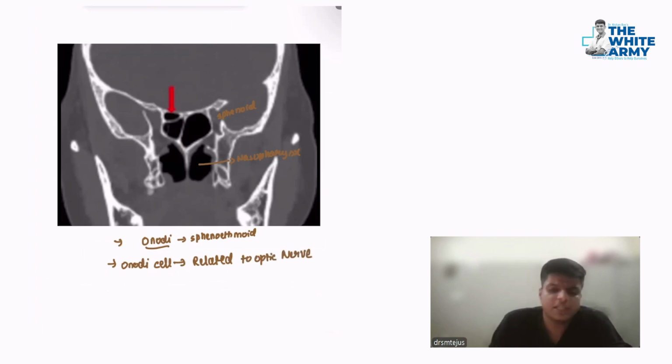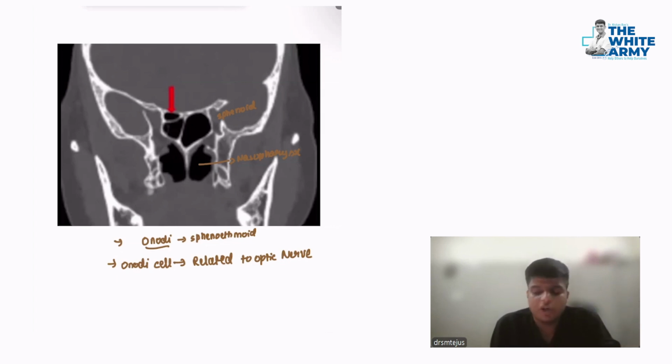The clinical significance is that when we operate on the optic nerve, for example when a patient has a traumatic optic nerve injury and we need to decompress it in the sphenoid sinus, the Onodi cell is in very close proximity. So it's very important to handle these air cells carefully during surgery to avoid damaging the optic nerve.